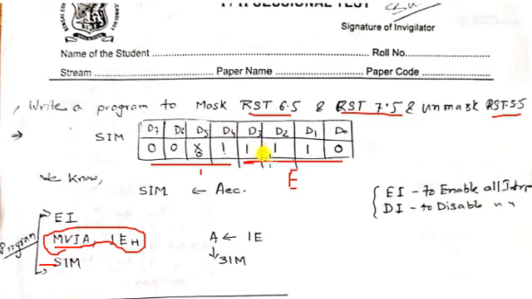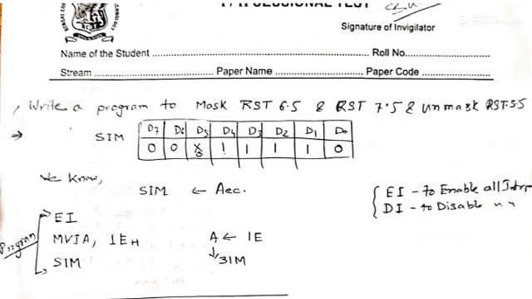D3 bit is to activate these 3 bits. Okay. D4 bit is the extra bit for RST 7.5. Now these 3 bits are 0, so it will be set according to the bit format, the bit positions of the program. So the program is completed. I think it is clear.